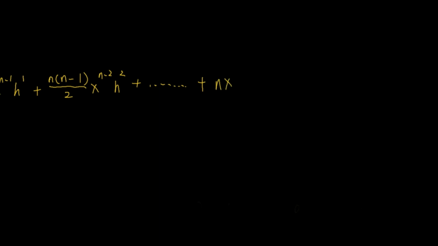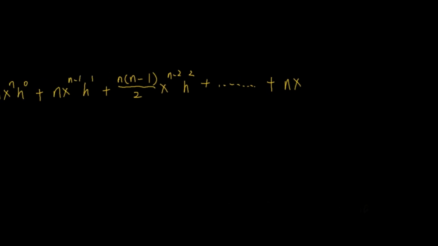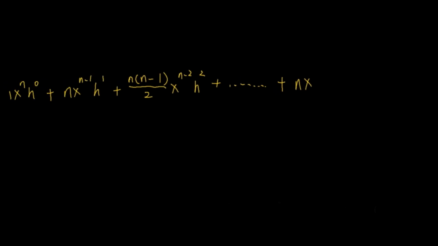Now, what is the power for x in the second last term? This is like n minus 0 for the x exponent, and it looks like this is just n minus 1. Whatever the h exponent is, the x exponent is just n minus that exponent.